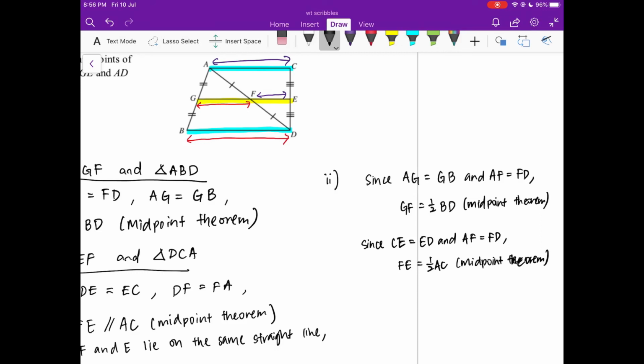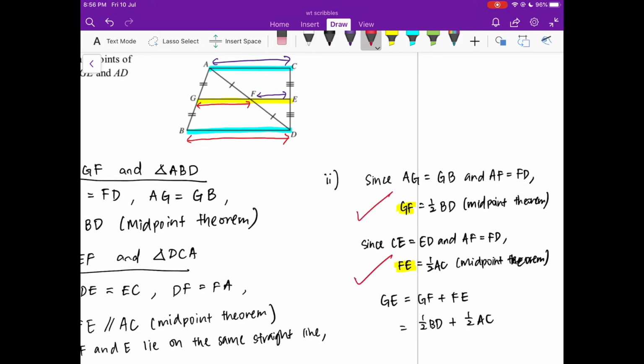So how can we find out the whole length of GE? GE is actually GF plus FE. When we add them up together, GE equals GF plus FE. It will just be half of BD plus half of AC.